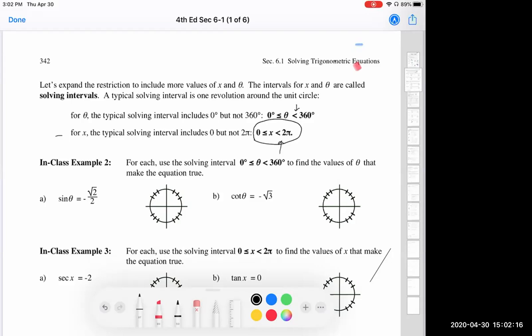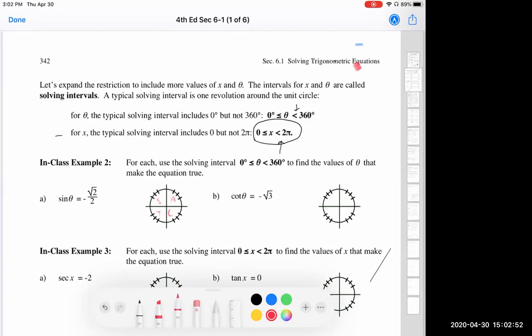All right, let's do in-class example 2. For each, use the following interval, 0 to 360, to find the values of theta that make the equation true. All right, let's do A and B. So we want to work with the entire unit circle, and we want to find where sine is negative radical 2 over 2. Well, keep in mind, all students take calculus.